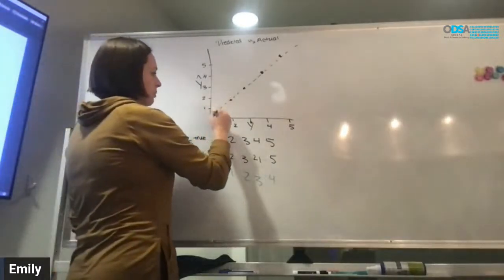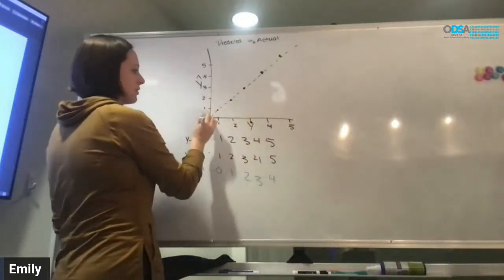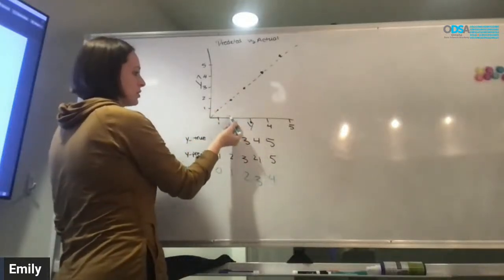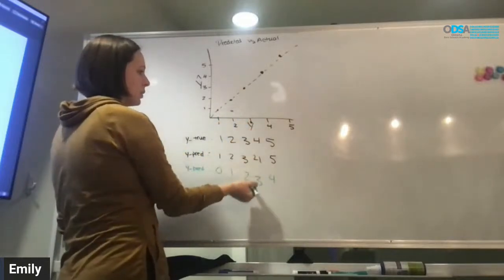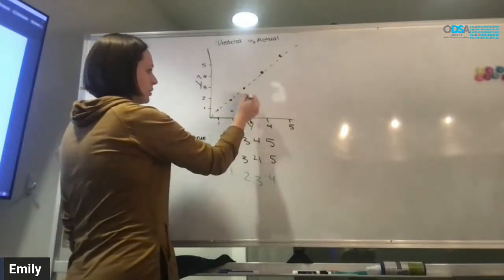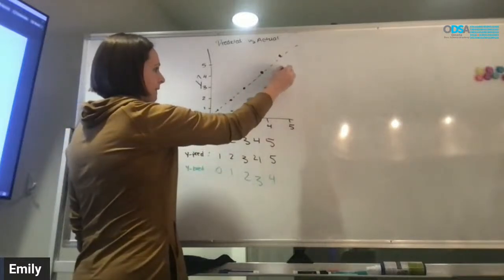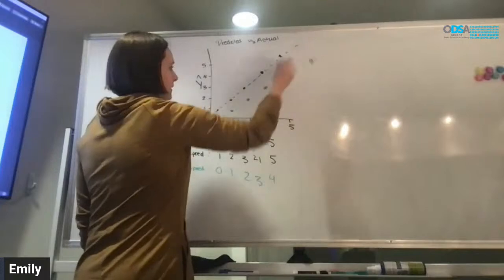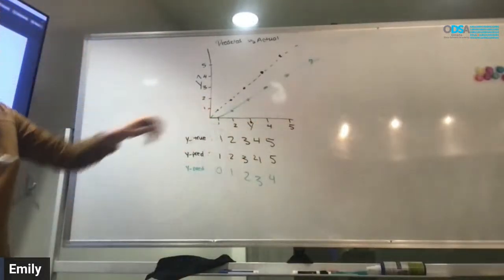When y true was 1, we predicted 0. When y true was 2, we predicted 1. When y true was 3, we predicted 2. Okay, so you get the idea here. So this is what underpredicting would look like.